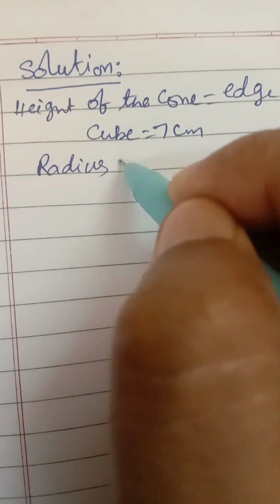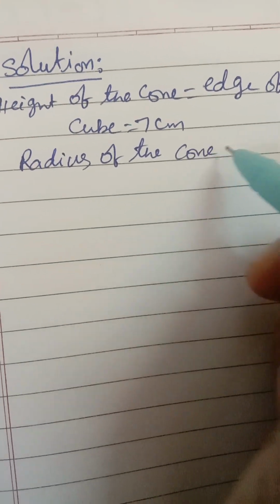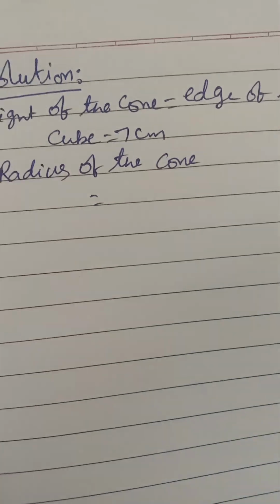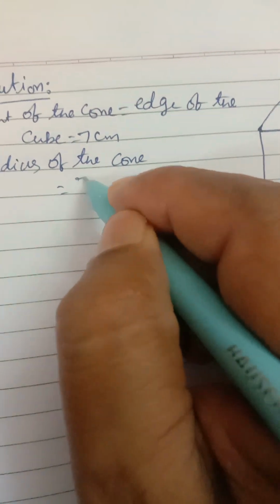Radius of the cone is equal to half the cube's edge. Radius of the cone is equal to 7 by 2 centimeters.